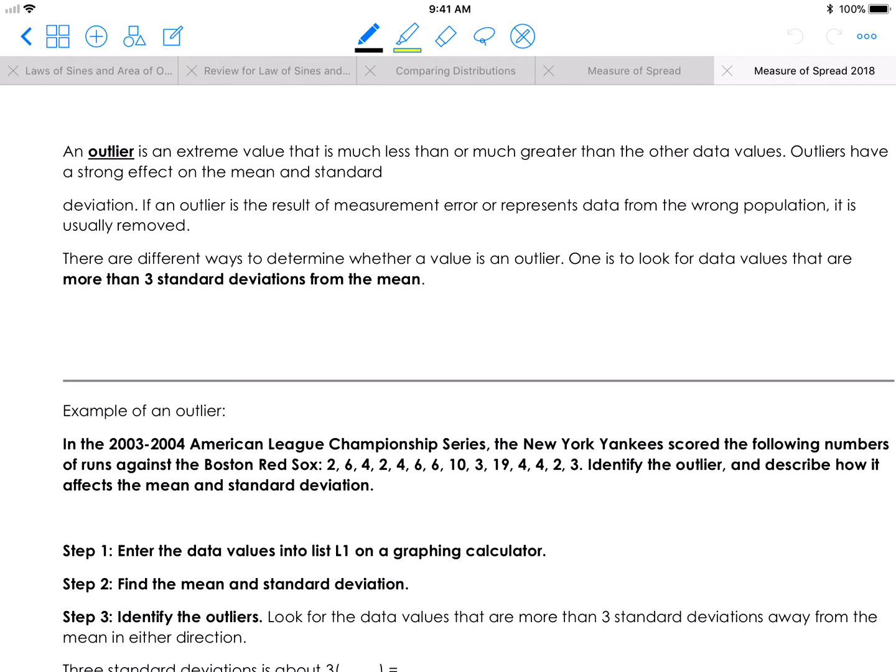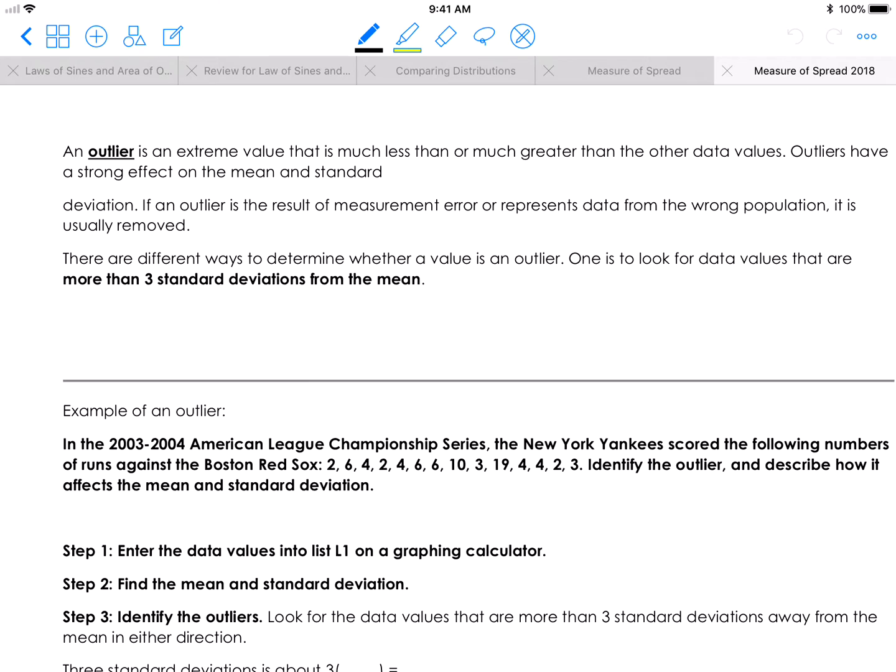So if an outlier is the result of measurement error or represents data from the wrong population, it is usually removed. What that's saying is, in the real world, if you're a researcher collecting research on some new vitamin or drug to cure cancer, and you're taking all these samples of data and then you have this one where you wonder how is this possible, it could be from error on some part.